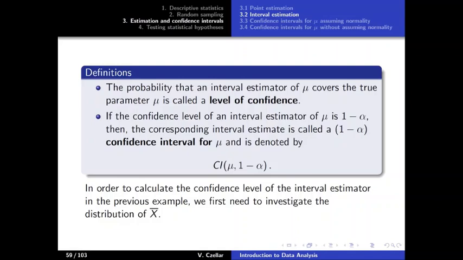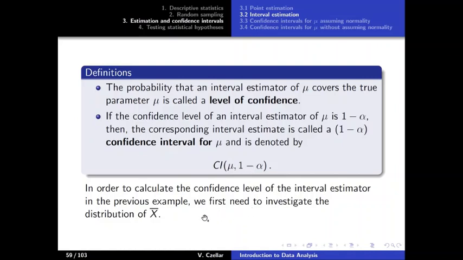So if the confidence level of an interval is denoted by 1 minus alpha, then the corresponding interval estimate is called a 1 minus alpha confidence interval of mu. And we will denote it by CI, emphasizing the fact that it's a confidence interval of the parameter mu, and the confidence level is 1 minus alpha.